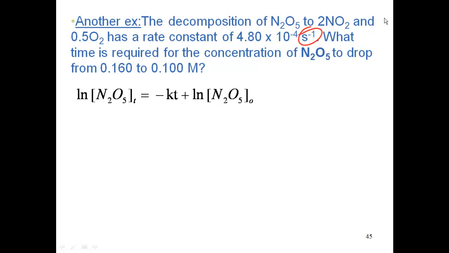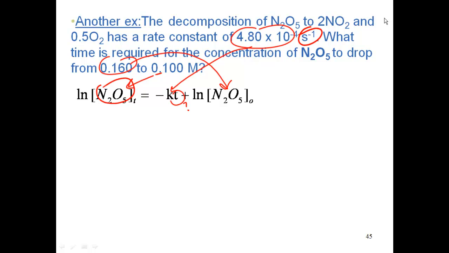But in this case, we look at it, we have the concentration of our N2O5. That's our concentration at time t, which is 0.1. Okay. We have our concentration at time 0, that's our initial. We have our rate constant. Okay, all we're trying to solve for now is time.